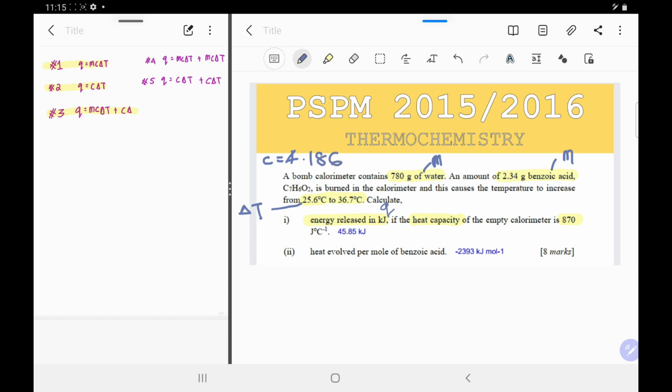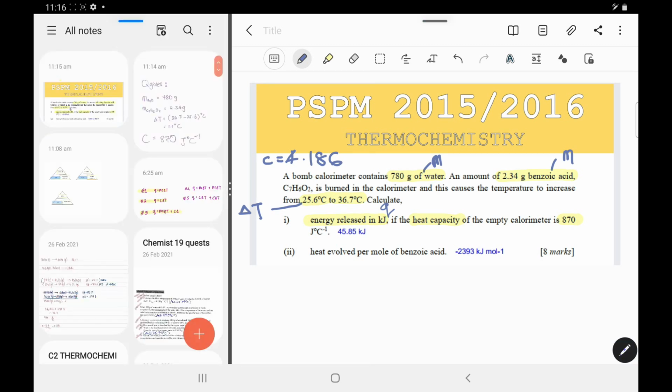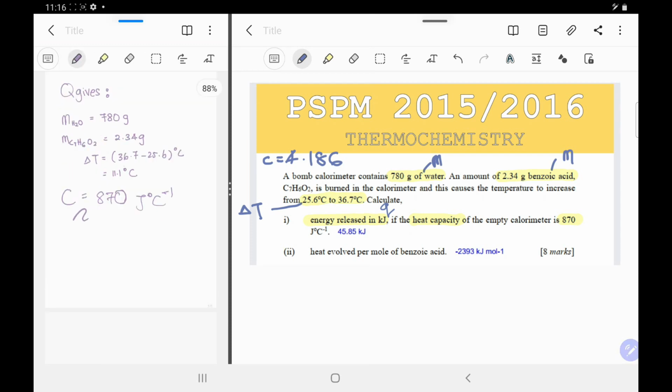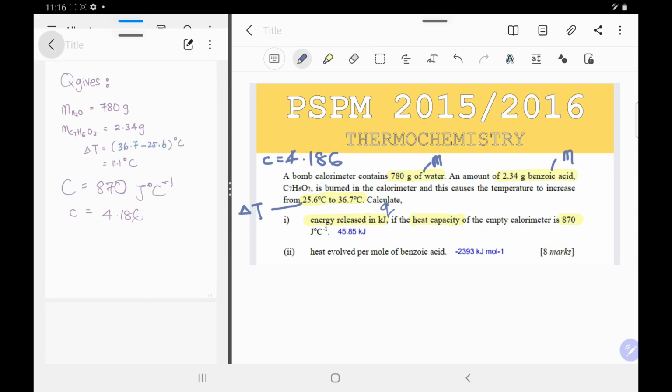This is constant for water. So, let's just put these little pieces of information over here too, so that you won't get confused. Little c, 4.186. All right, so I think we have all that the question gives.